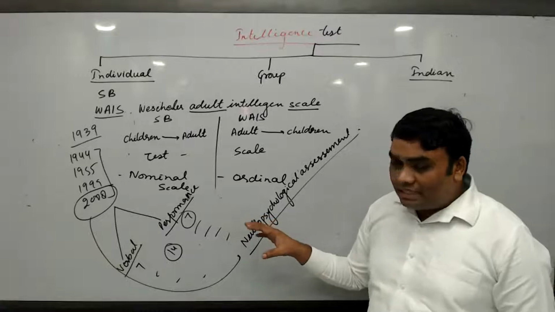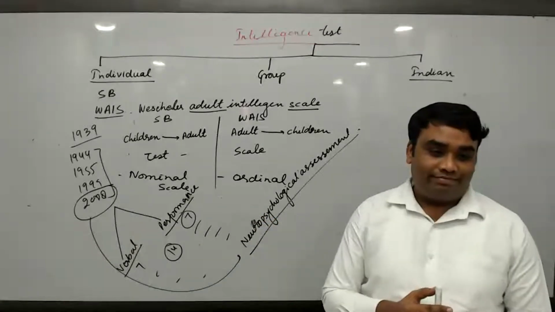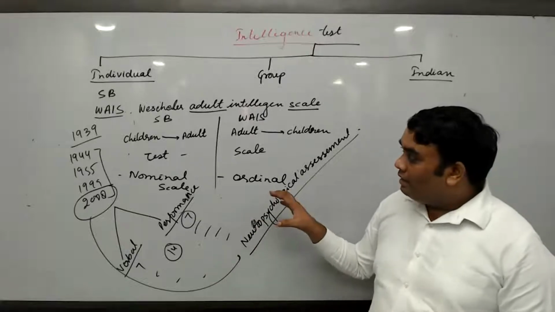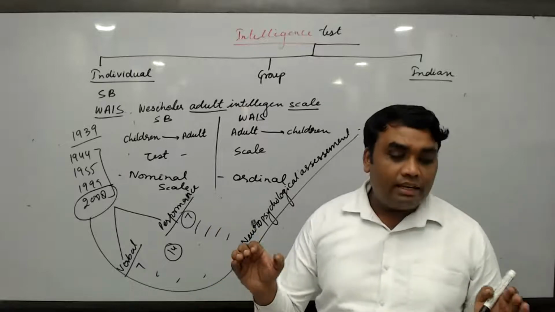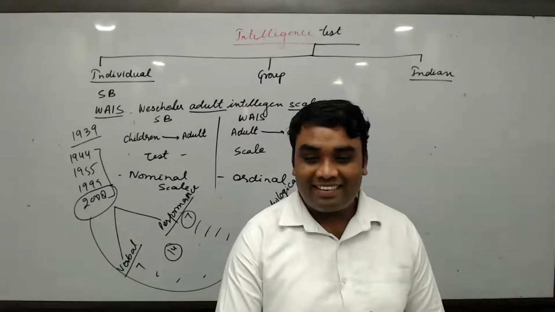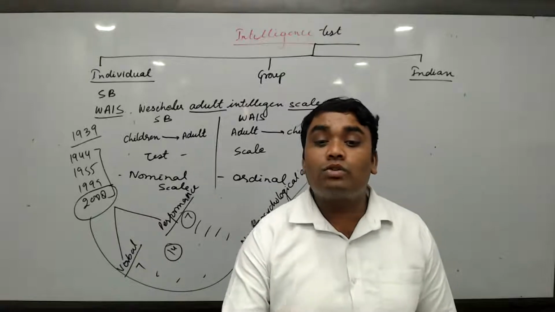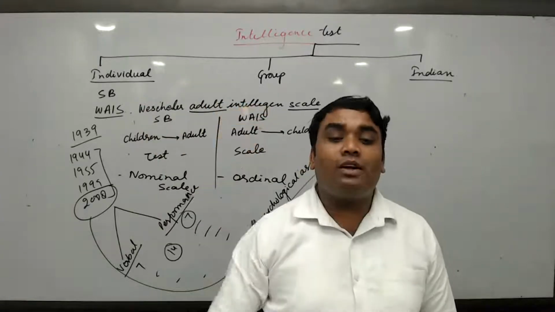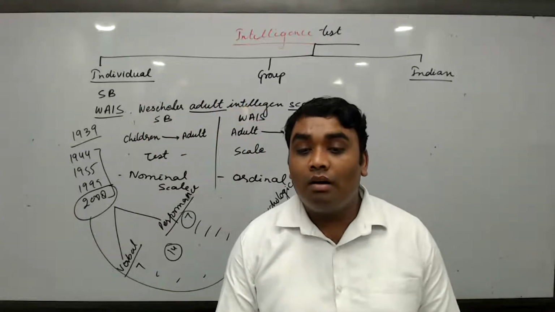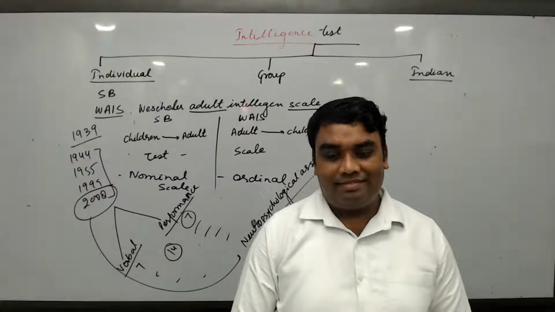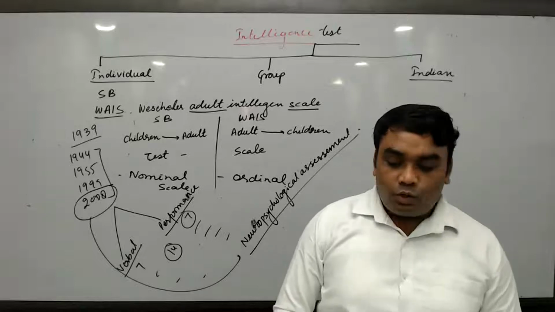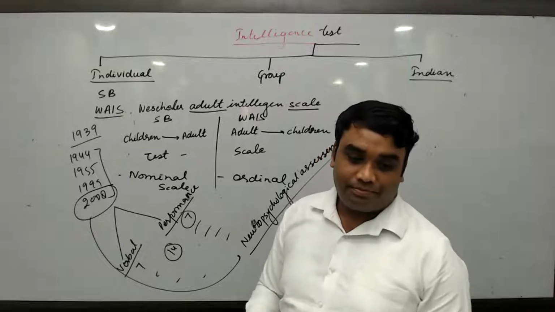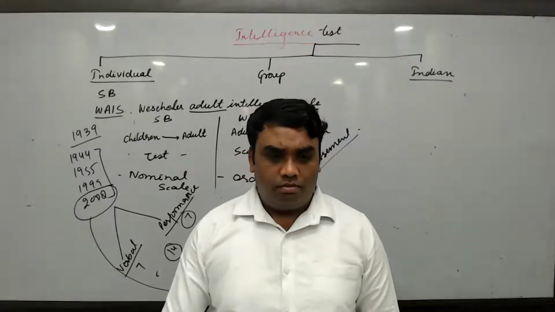So this test is very reliable right now, because the Wechsler test uses neuropsychological tools. If any test is based on neuropsychological principles, the test will be more reliable and more accurate. So the accuracy of this test has increased right now. More than SB? No, we cannot say that.